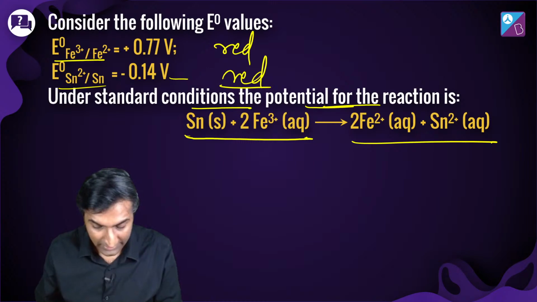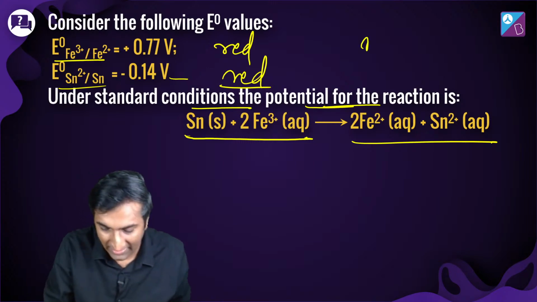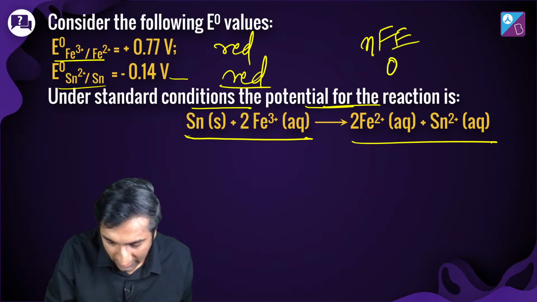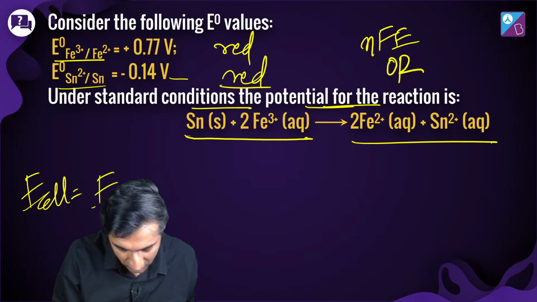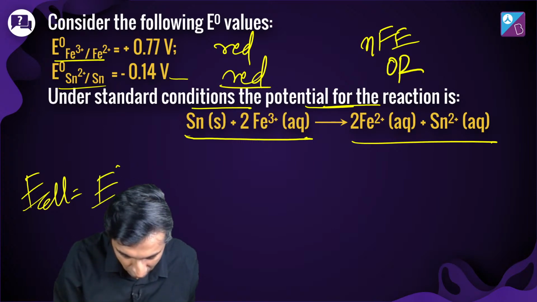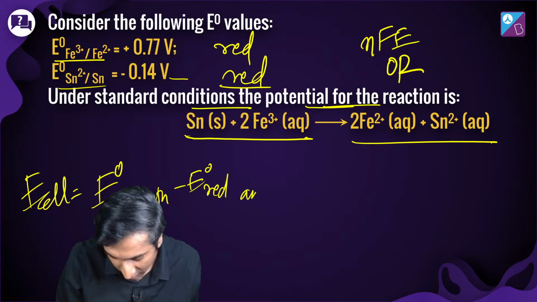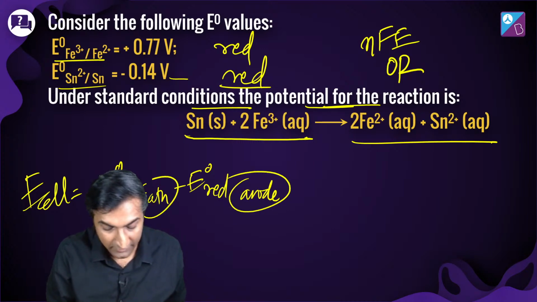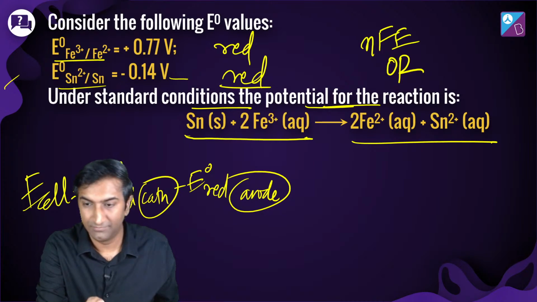In this case, how many electrons are there? It doesn't matter, right? You can try doing it the nFE way or directly do E cell is equal to E naught reduction cathode minus E naught reduction anode. You can do that because reduction potential will be given. Please give me values in the chat, please.